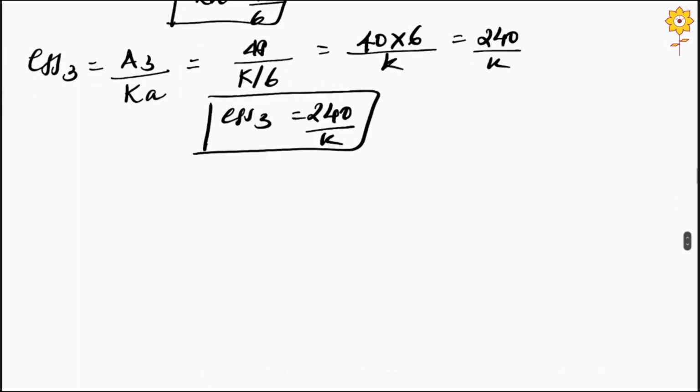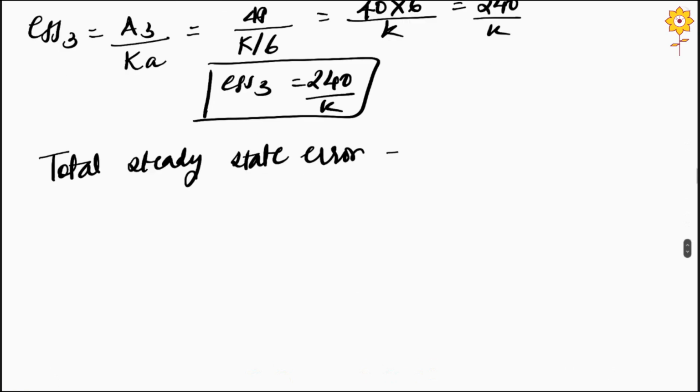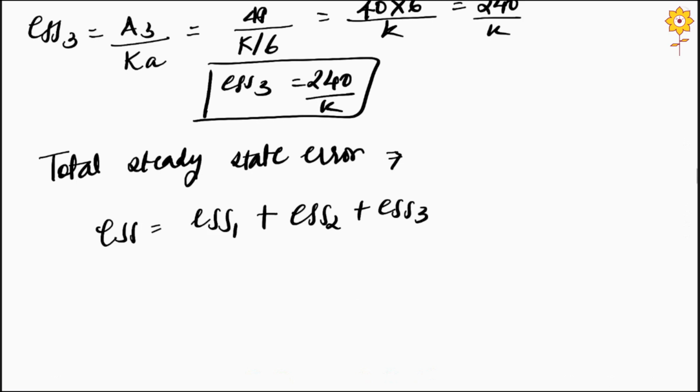Now, let us calculate the total steady state error. It is equal to what? Steady state error ESS is the sum of all the steady state errors from all the inputs, that is step, ramp and parabolic input. So, we have the values of all of these terms.